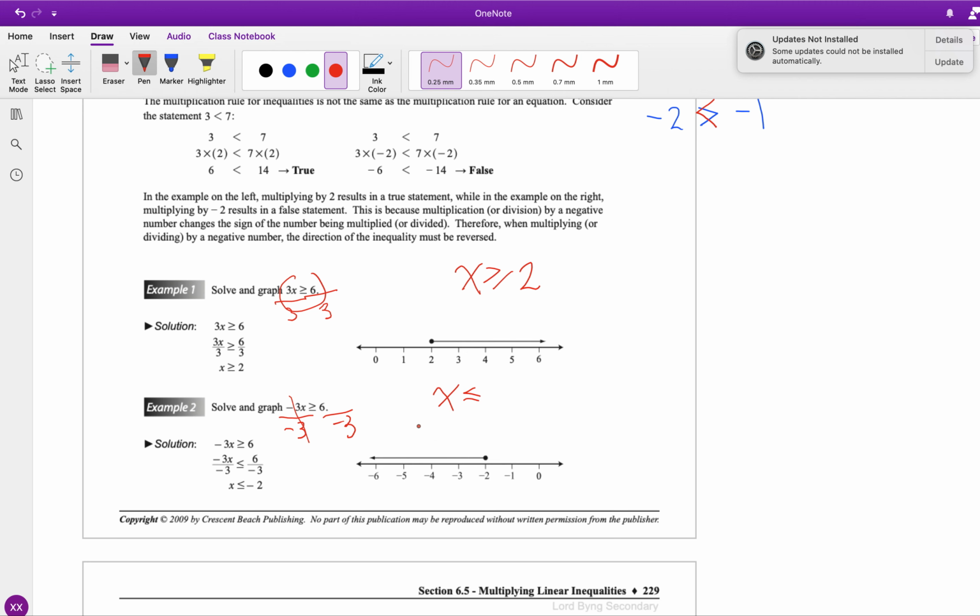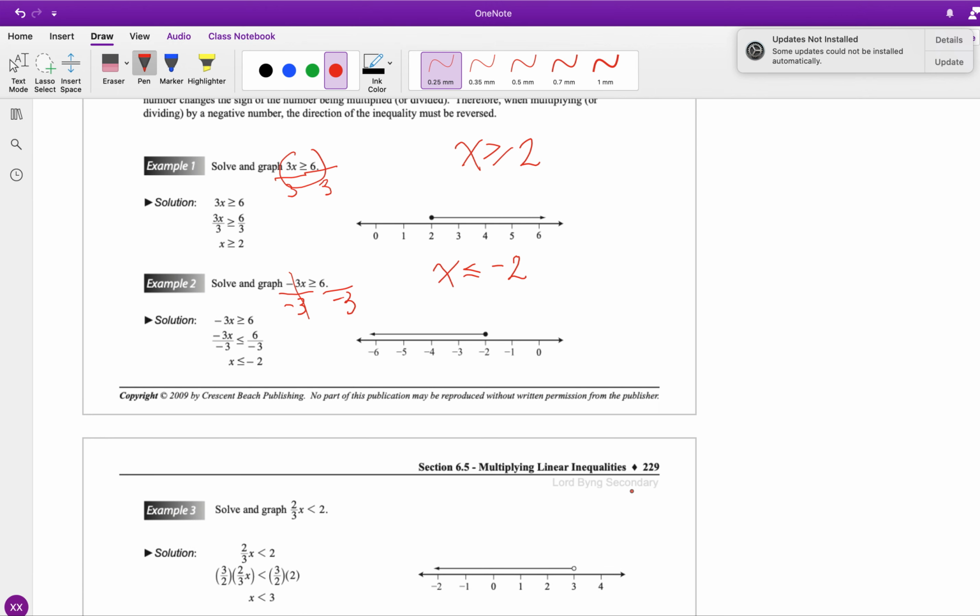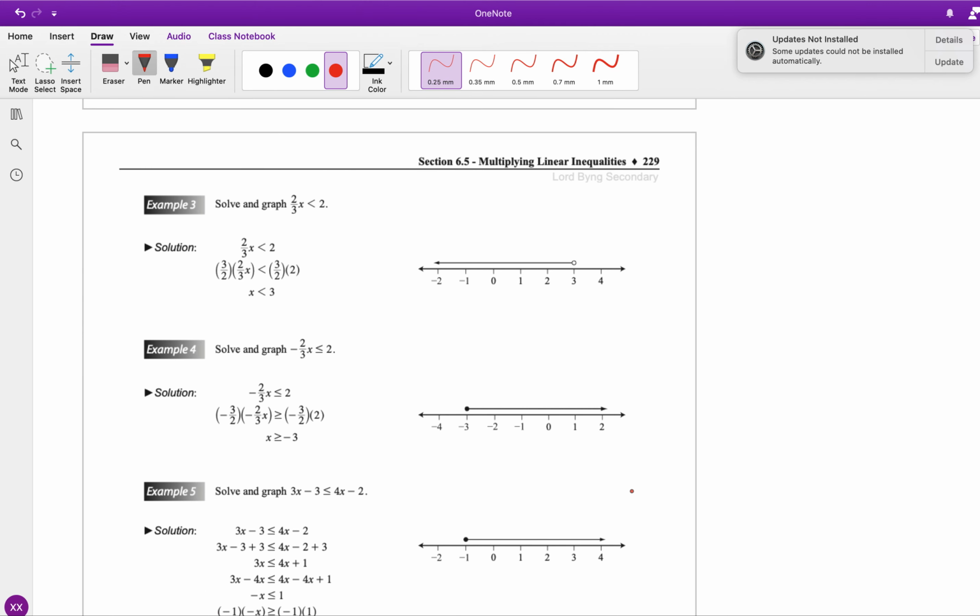So this is now less than or equal to -2. That is the only thing. Again, I just divided by 2/3, and that is perfectly fine. As soon as you divide by -2/3, you have to switch the sign, from this sign to this sign.